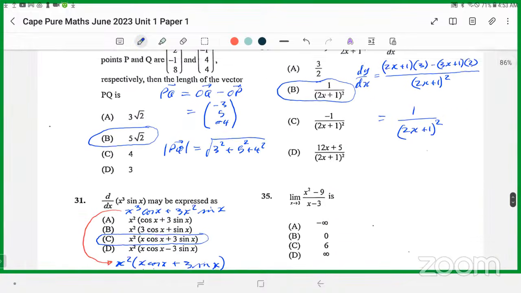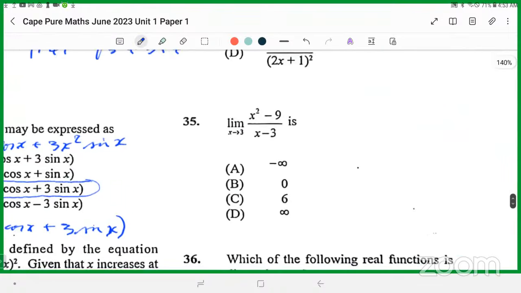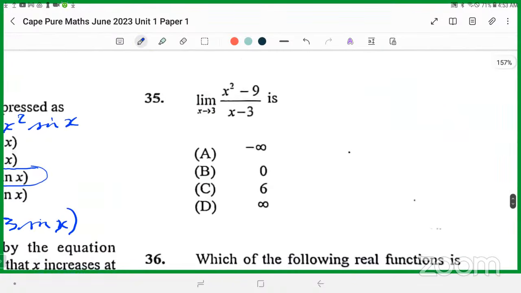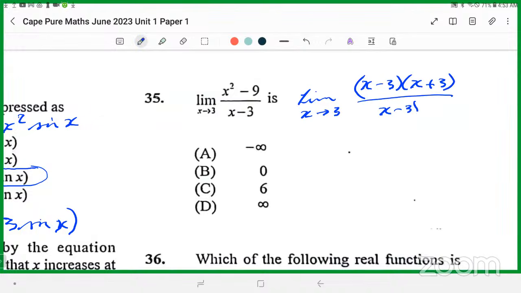Next, the limit as x tends to 3 of this. Factorize the numerator, and it becomes the limit as x tends to 3 of (x minus 3)(x plus 3) over (x minus 3).